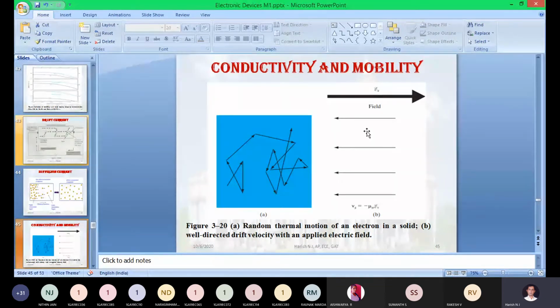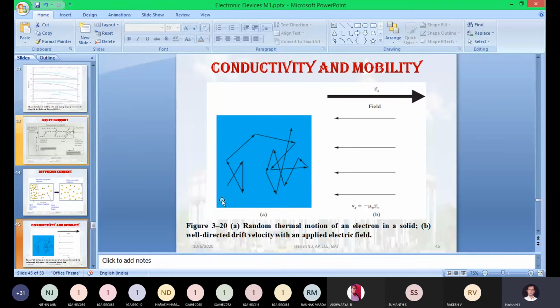I have taken these two diagrams just for understanding what we discussed in the drift concept. Initially we have taken one piece of semiconducting material, an n-type semiconducting material. In n-type, the electrons are the majority and holes are the minority. For now, forget about the minority charge carriers and take only the majority charge carriers, which are electrons.